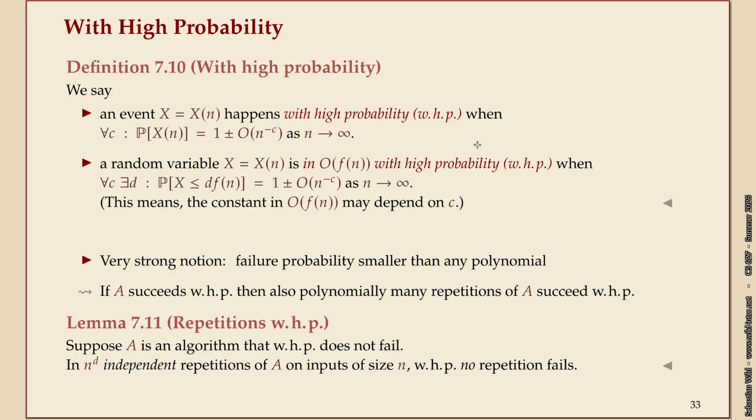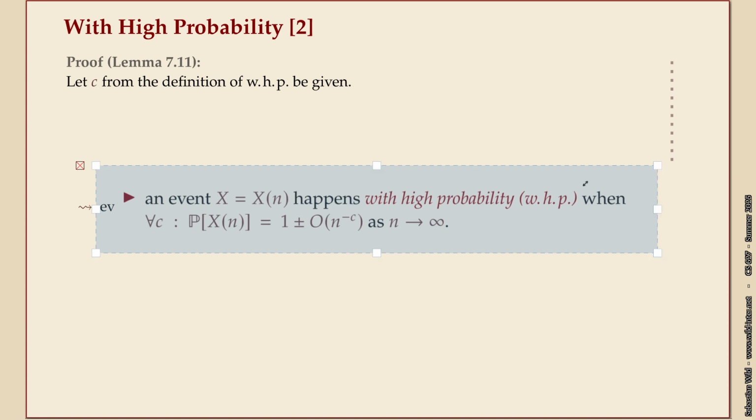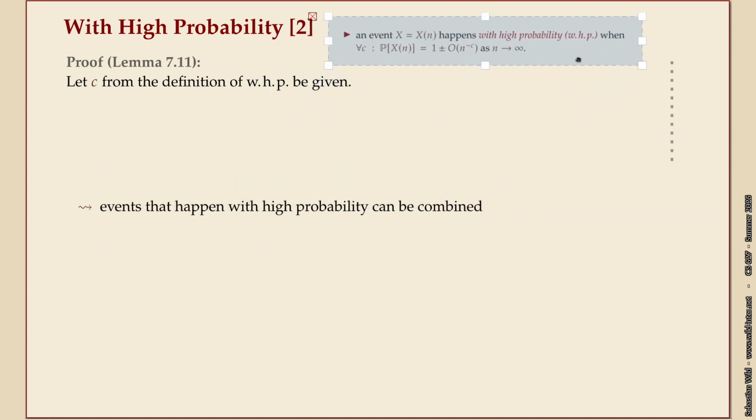And let me take the definition with us. Okay, of course it will jump away as soon as I click to the next part. Well, C is the constant from the definition.